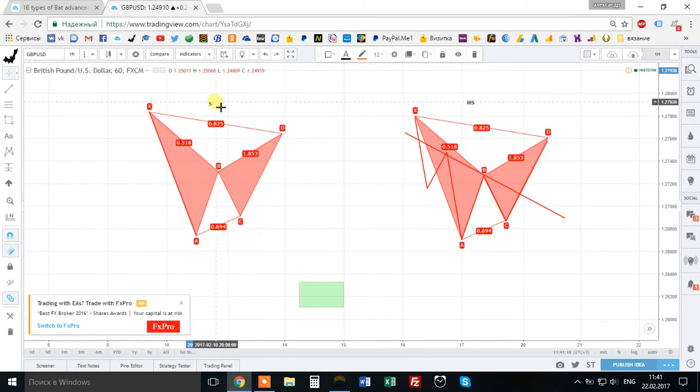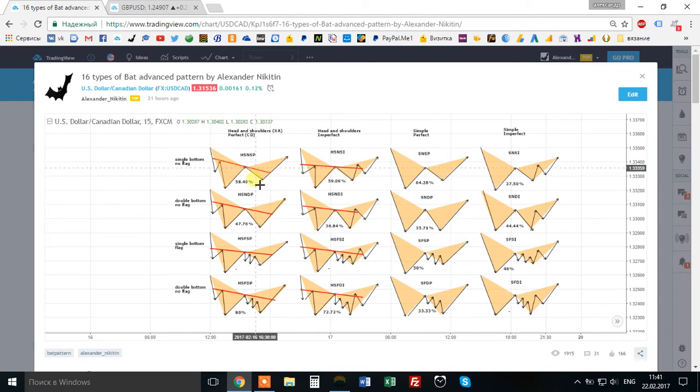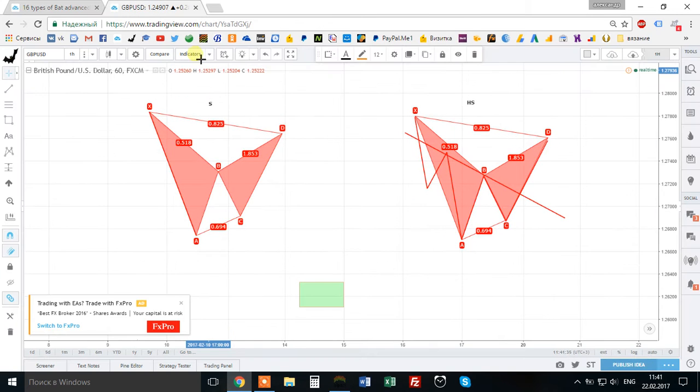Good. So the first letter or the two letters of my classification is either HS or S. The two columns here are all HS, and the two columns after that are all S. That S means simple, HS means head and shoulders, head and shoulders embedded in that pattern.